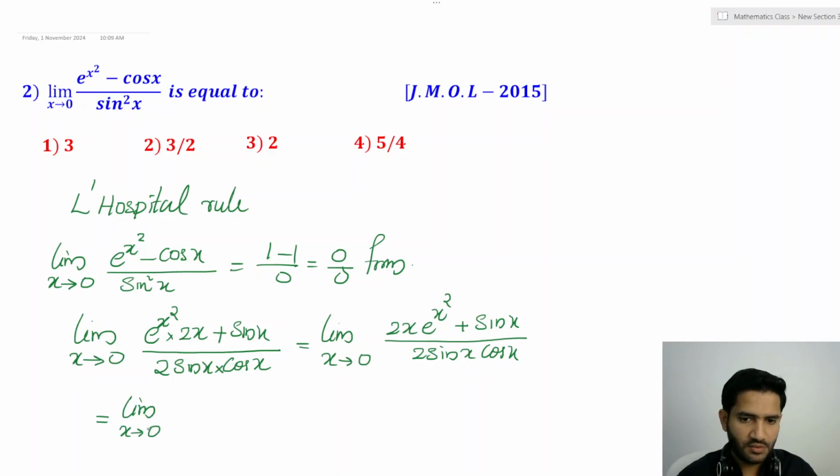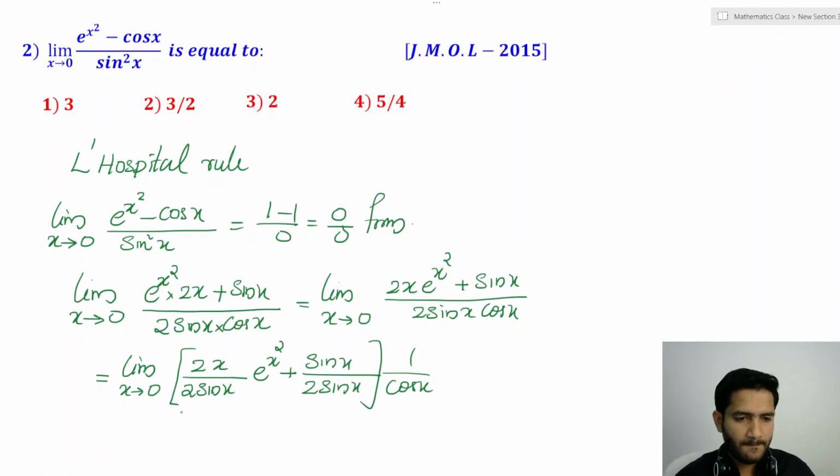As x tends to 0, we can cancel here: 2x by 2 sin x times e raised to x square, plus sin x by 2 sin x. I'm taking 1 by cos x outside. Now we can cancel these 2, and we have the result.